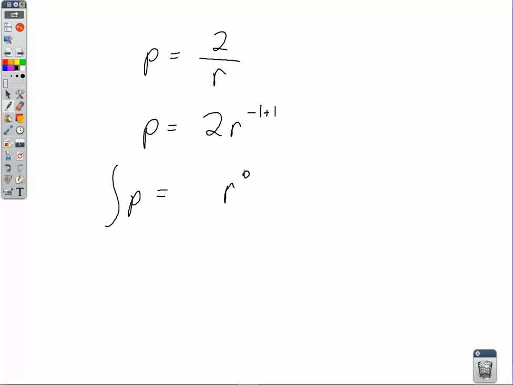That's not a problem, but you have to divide the coefficient by the new exponent. Uh-oh, we just broke math. 2 divided by 0, undefined. So in point of fact, the power rule will not work for just 1 over a variable. We're going to learn the integral of that later.